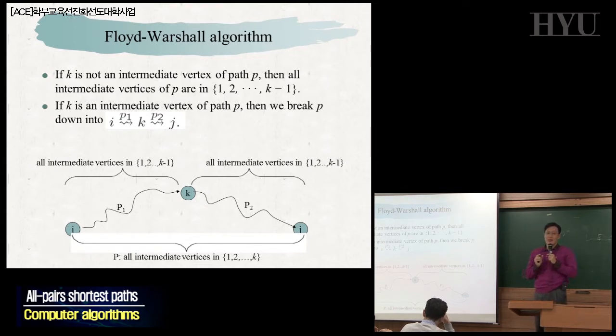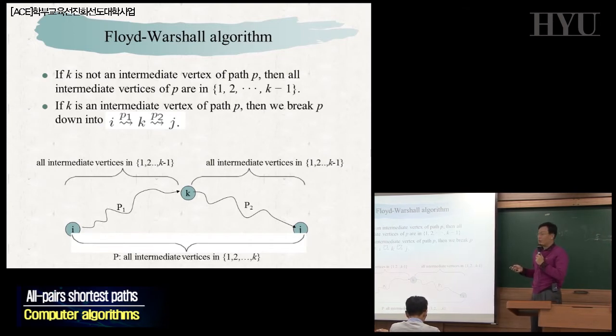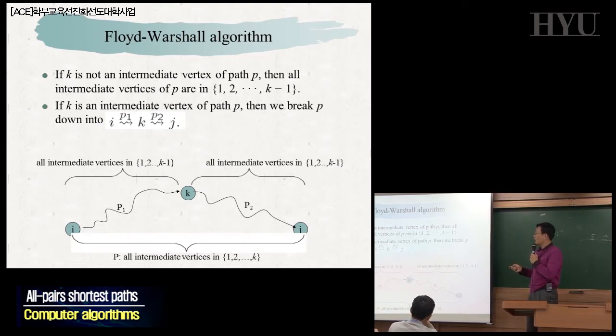Then the paths can be divided into two categories. If k is not an intermediate vertex, then all intermediate vertices are from 1 to k minus 1.